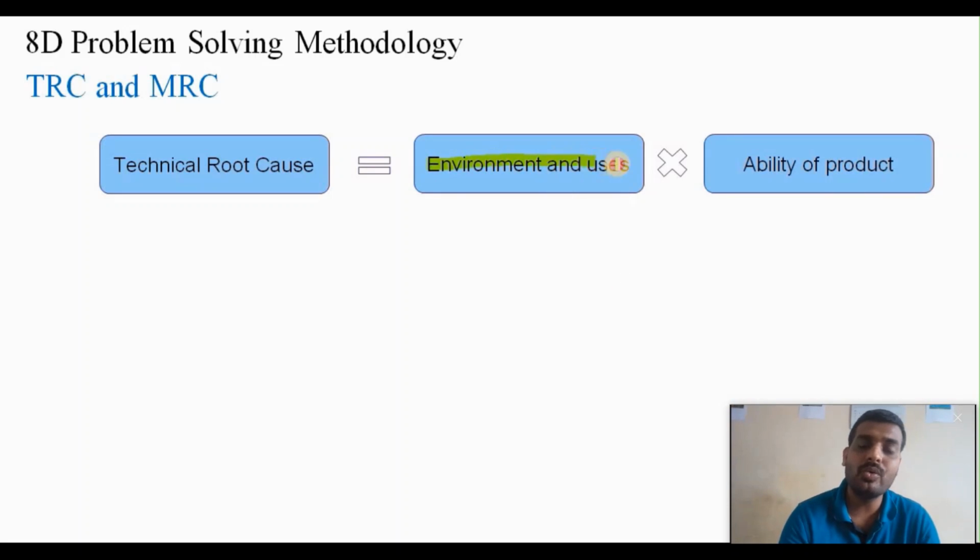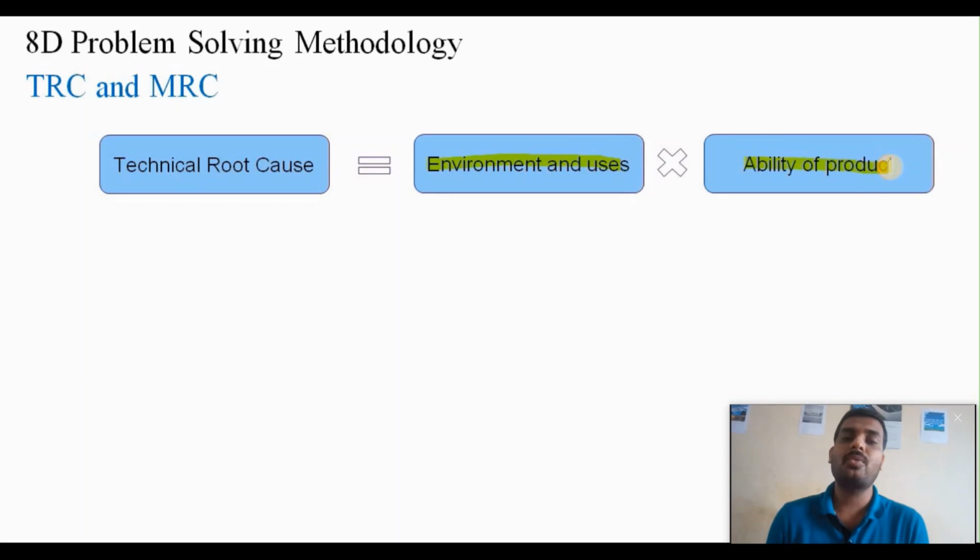There are two reasons to look for the managerial root cause. The first one is, if a defect of similar pattern arises, then it should be prevented. And second, each problem solving is an opportunity to improve the management system as well as the organization.